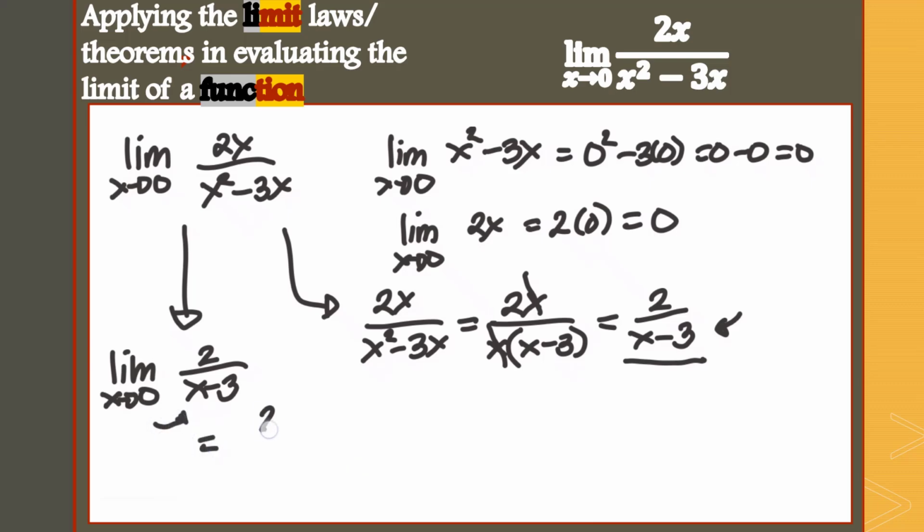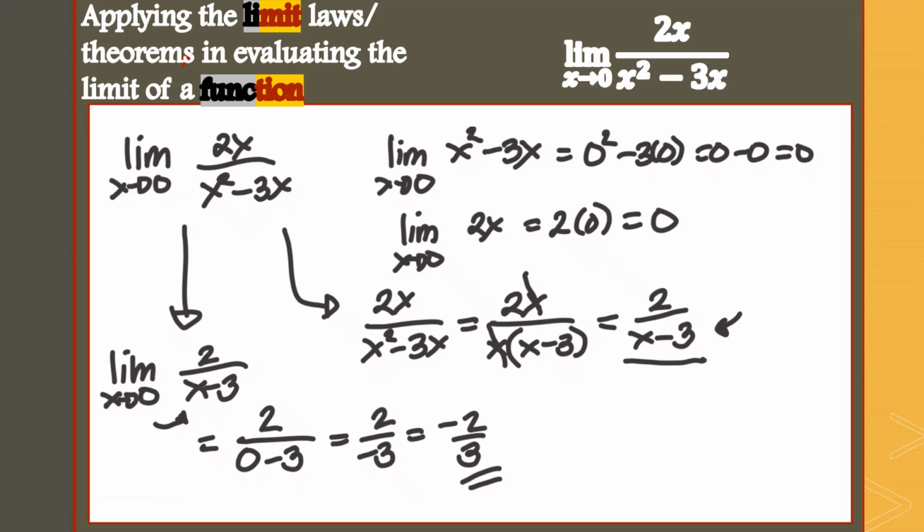You will have 2 over 0 minus 3, which will give us a result of 2 over negative 3. That's negative 2/3. See, the limit is actually negative 2/3.